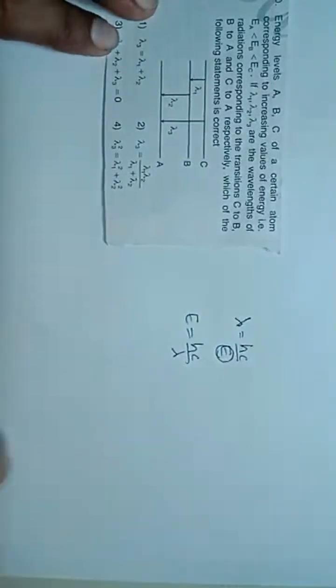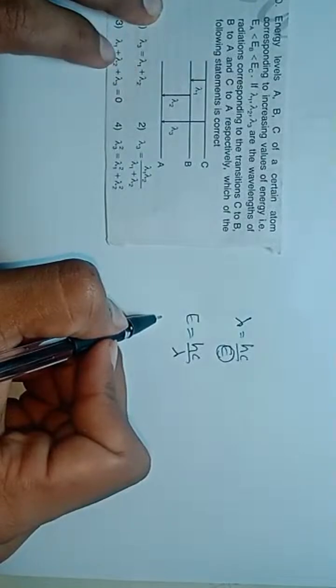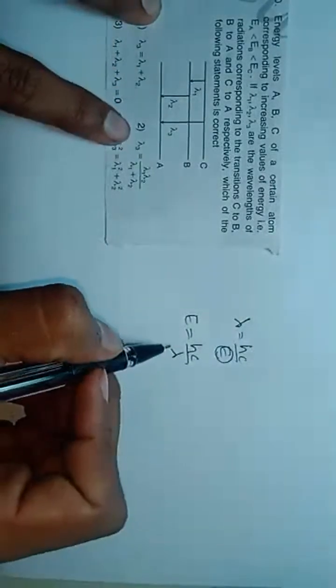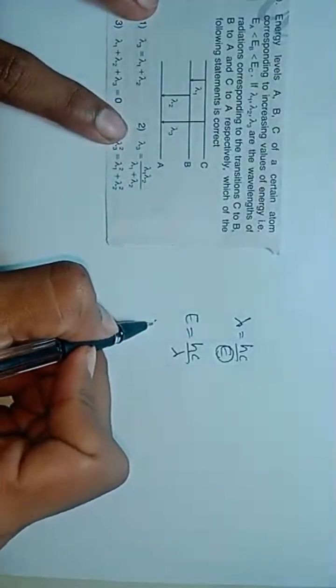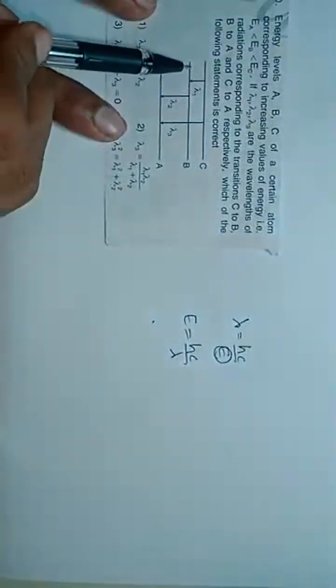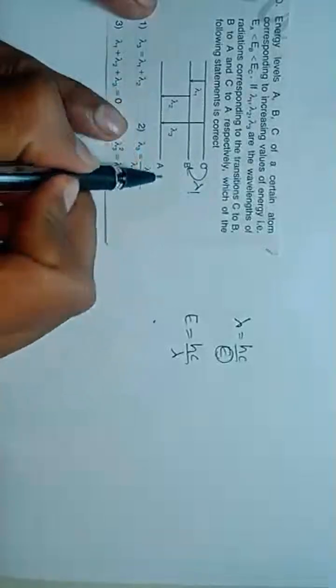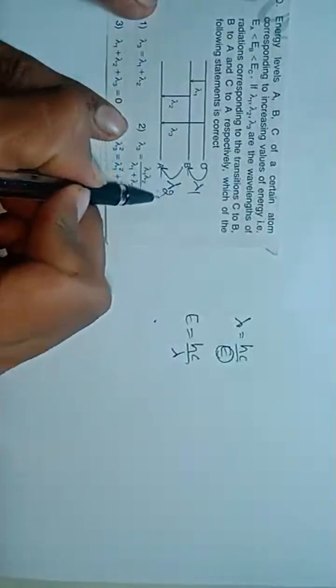Yes. Now calculate it. That is for the lambda 3 here. If we take lambda 3, the radiations here are: first, lambda 1 will be coming from C to B. From B to A, the following radiation is lambda 2.